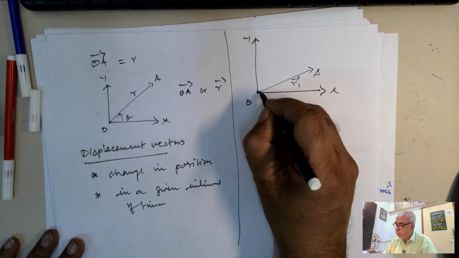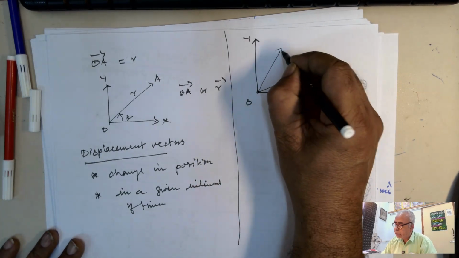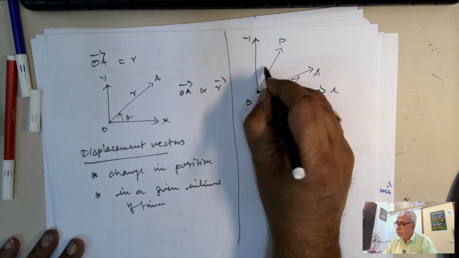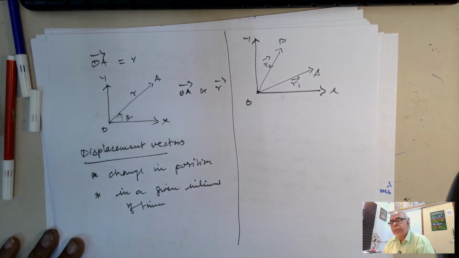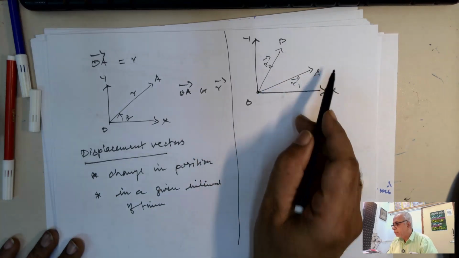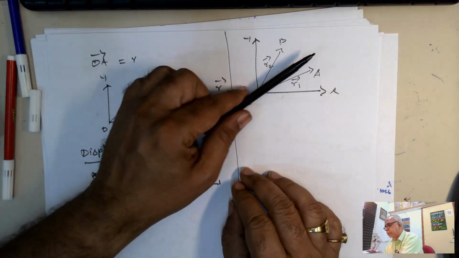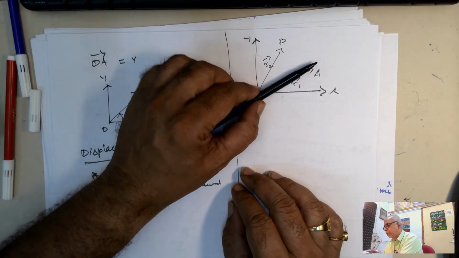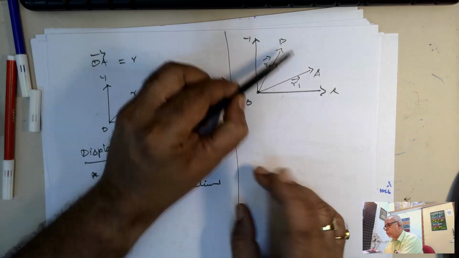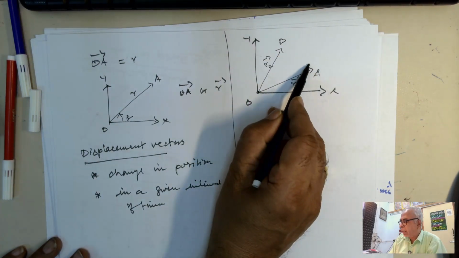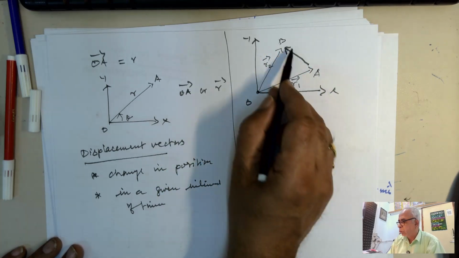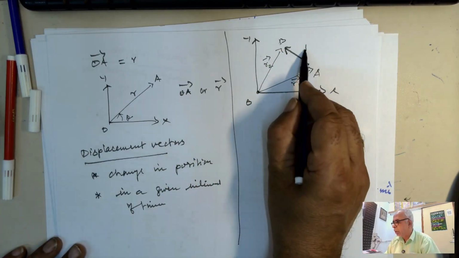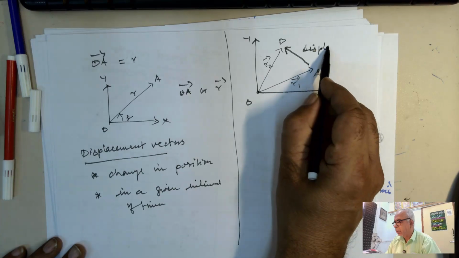And there is another position vector, and its vector is R2 vector. Do you understand this? Now, the displacement vector means, for example, this object has moved from here to here. Okay. So that is indicated as what? Displacement vector. Okay. So this is called displacement vector.